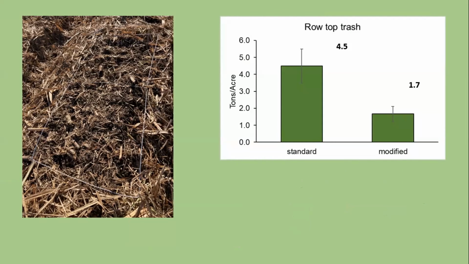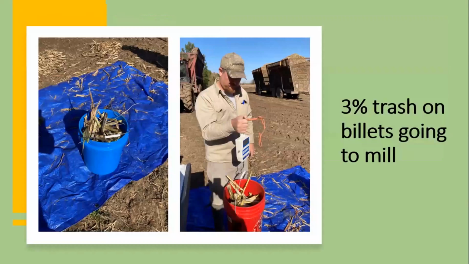The modified harvester looks like it's putting about 1.5 tons, so about a third reduction in residue on top of the row. And we feel that sugarcane should be able to come through this without having to sweep it or burn this material off. Of course, we're still going to be getting some more information.